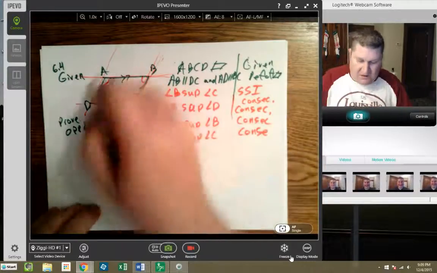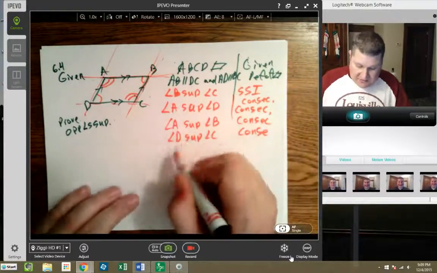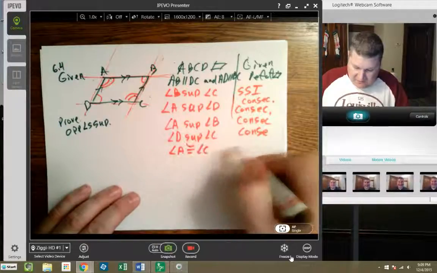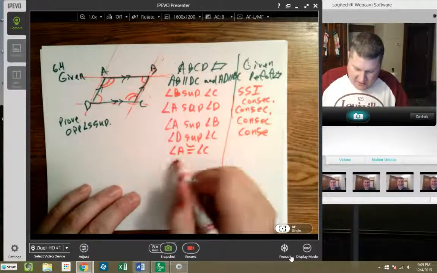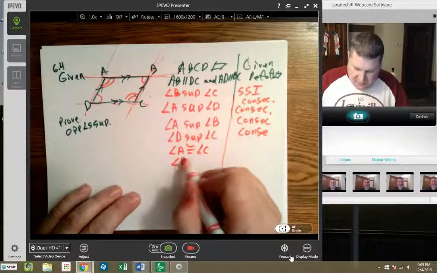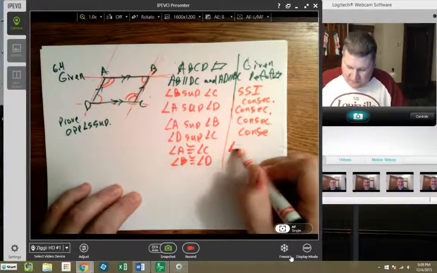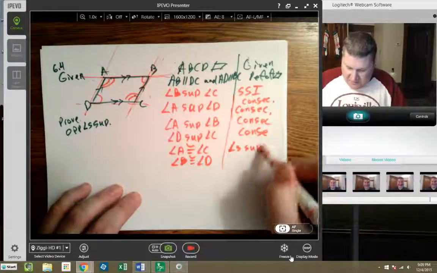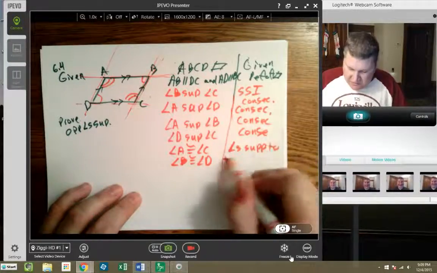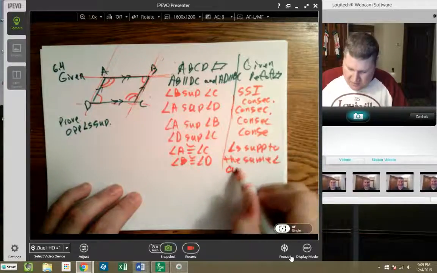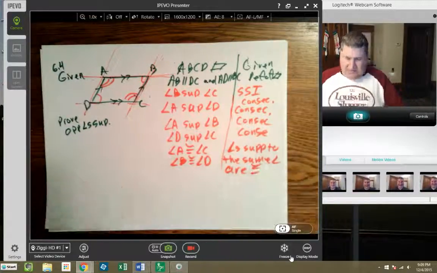So we've worked our way all the way around the figure, and so now I can say angle A is congruent to angle C, and angle B is congruent to angle D by angles supplementary to the same angle are congruent. And there we go.